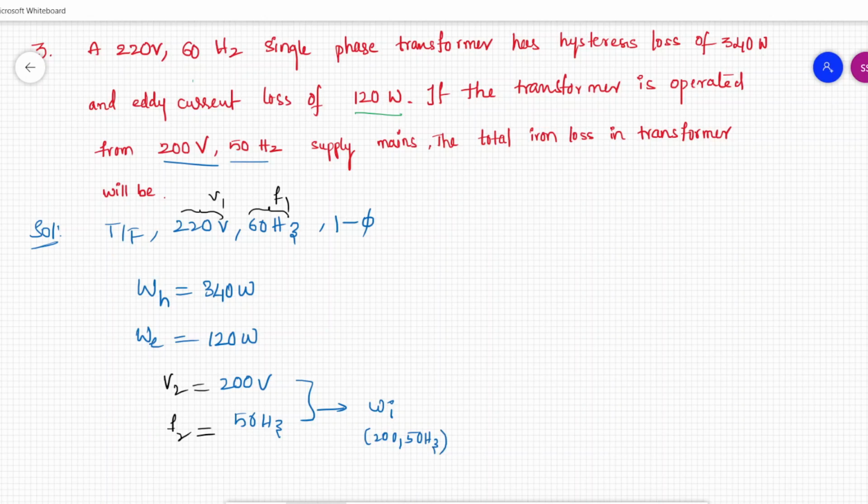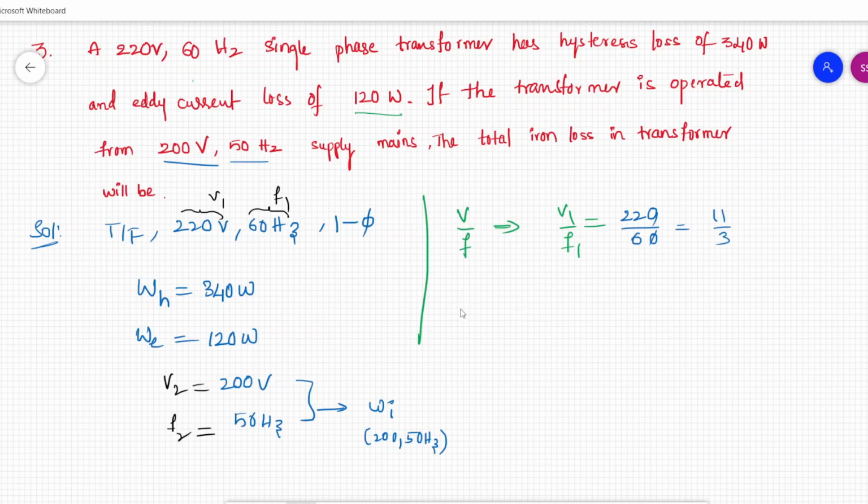Let us check whether the V by F ratio is constant or not. V1 by F1: V1 is 220, F1 is 60, that is around 11 by 3, right?